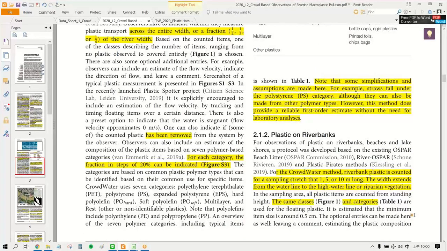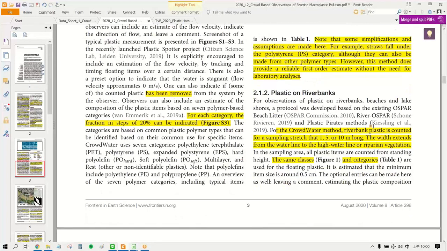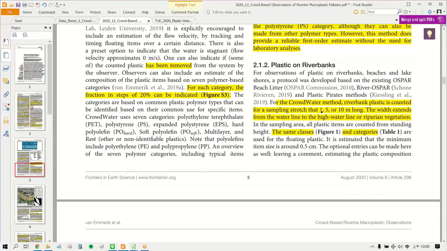About the method for plastic on riverbanks, they use the same method, but the type people can choose is different. People can choose whether they walk along the riverbank for 1 meter, 5 meter or 10 meter long walks. And the width extends from the waterline to the higher waterline or riparian vegetation.